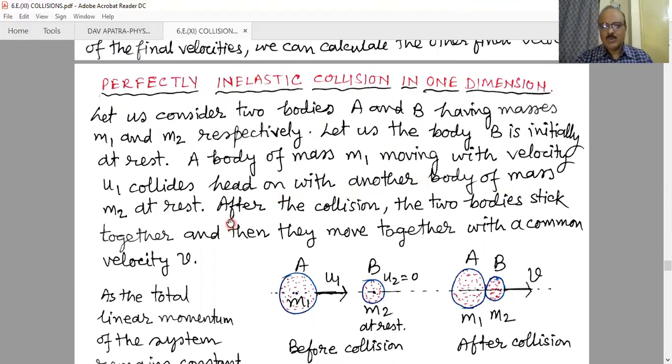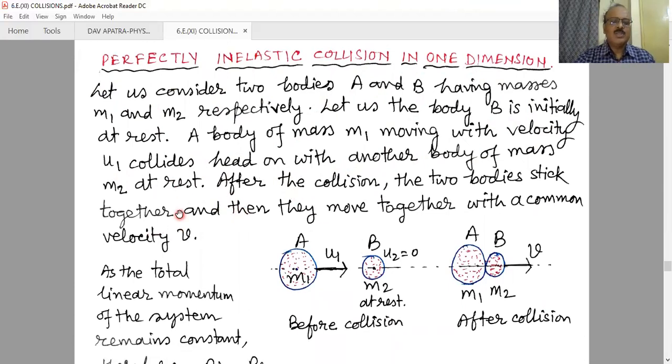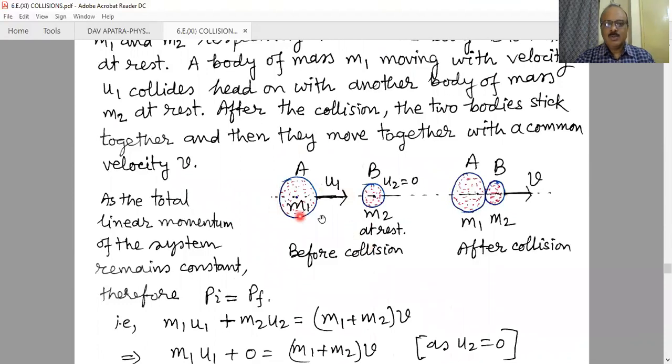After the collision, the two bodies stick together and move with a common velocity v.